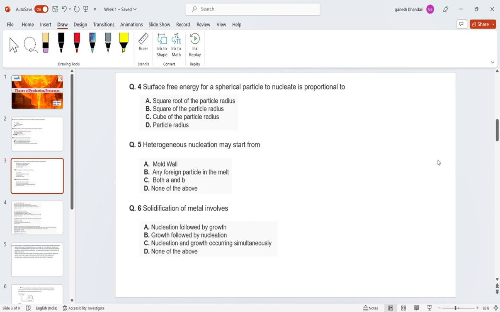Just focus on those things. Then connect it with nucleation, like how it starts. Here also, delta G will come into the picture. There was one term, undercooling, yeah. So what is the role of undercooling in it? Just focus on those point by point, and then it will be clear.